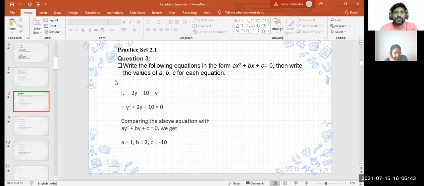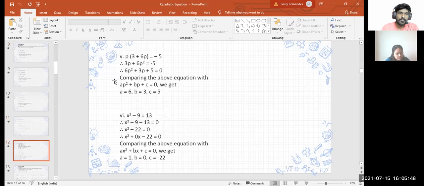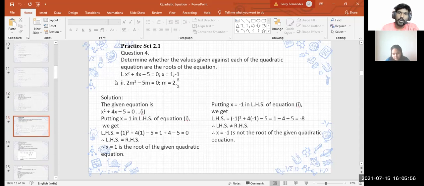X square minus 9 equals 13. Okay, sixth one of exercise 3, and I did problem set 2, 1 and 2. Okay. So we'll start with 2.1 fourth question then.